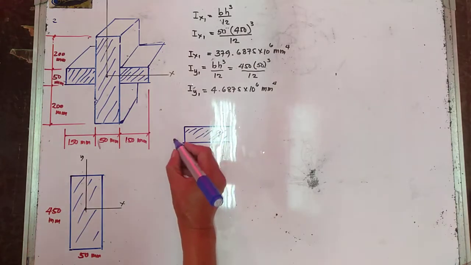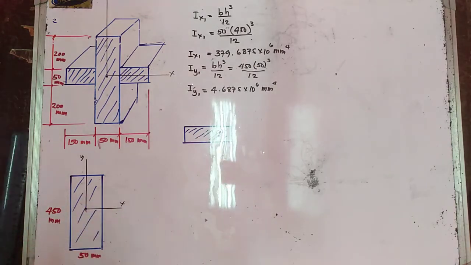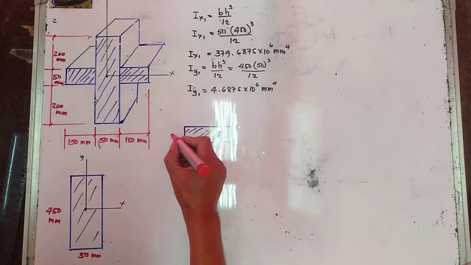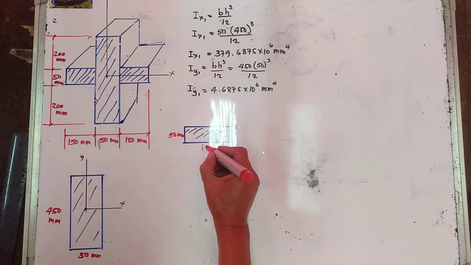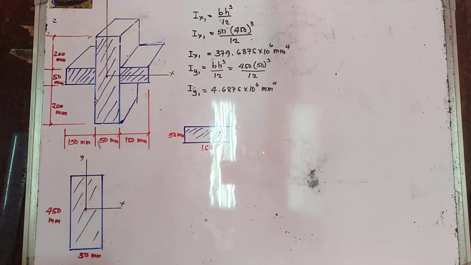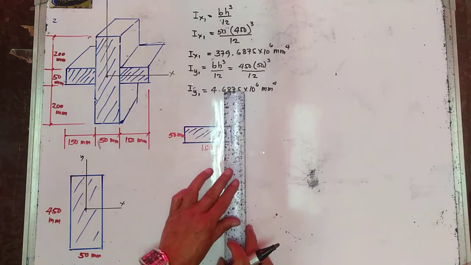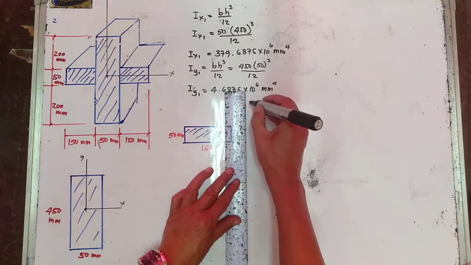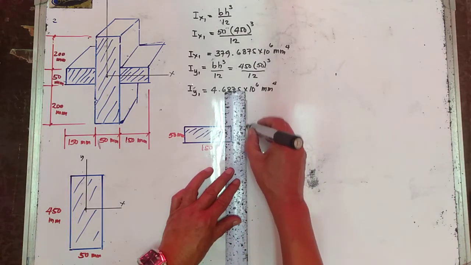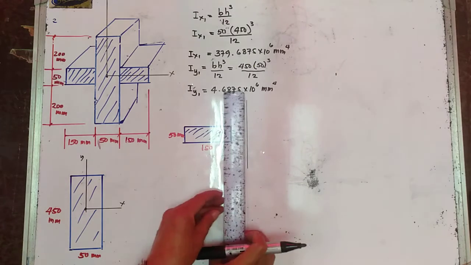So for the second area, this one is 50 mm and this one is 150 millimeter. Now, the y-axis is at this point. So this is therefore the y-axis.